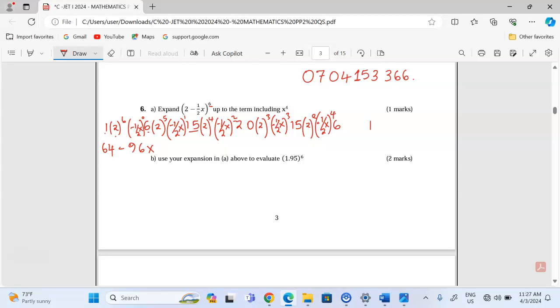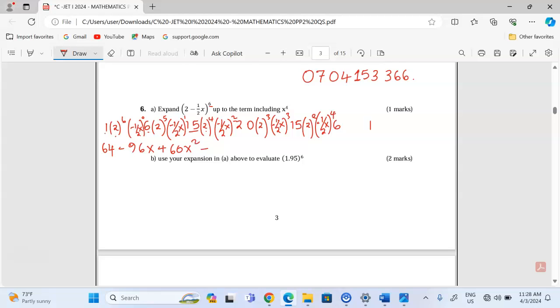Therefore, we'll have 15 times 16 times a quarter x squared, which will be 60. This time around, positive 60 x squared.